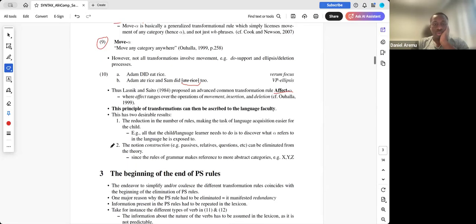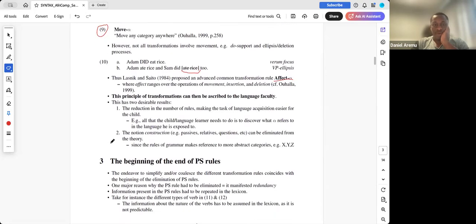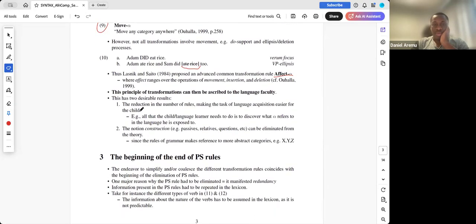And this has two interesting results. The first is that it actually brings reduction in the number of rules, making the task of language acquisition easier for the child, right? Because now, instead of having the different transformation rules, the question rule, passivization rule, cleft rule, and everything, we can just say there is move alpha, or rather affect alpha.